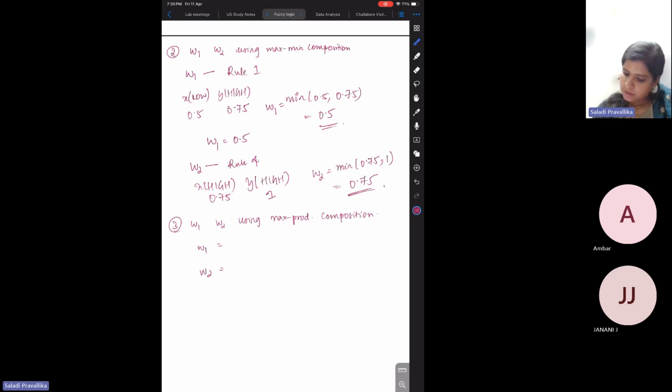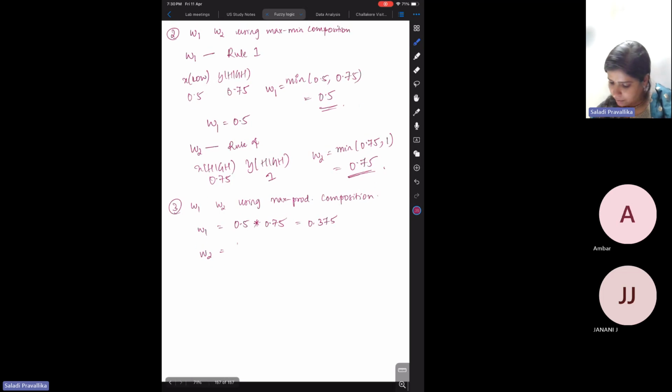So for W1, we have 0.5 into 0.75, which is equal to 0.375. And for W2, we have 0.75 into 1, which is equal to 0.75. Amber, you're right. Very good.